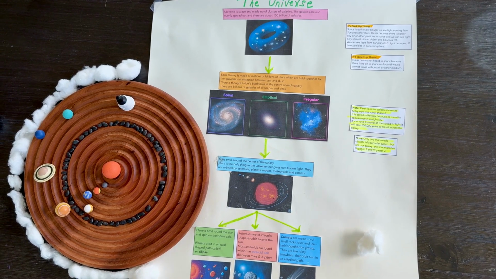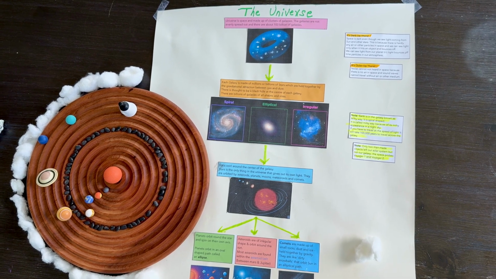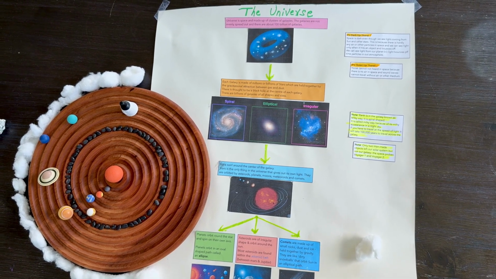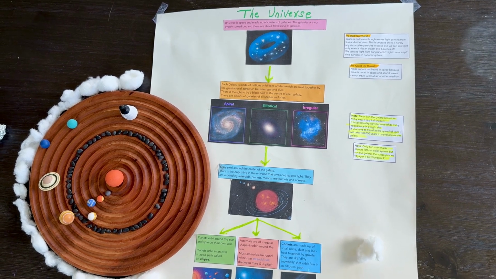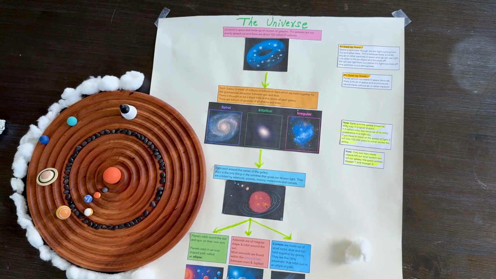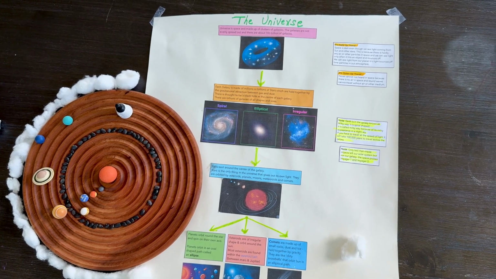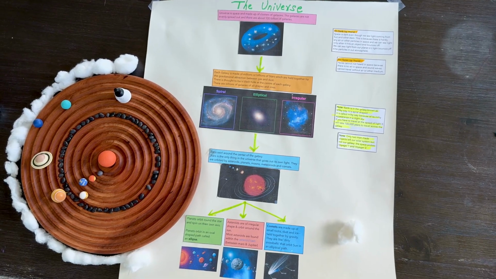And the speed of light is the fastest thing in the universe. We live in a galaxy, the Milky Way. The Milky Way has a neighbor, and that neighbor is called Andromeda, which is the closest galaxy to the Milky Way.